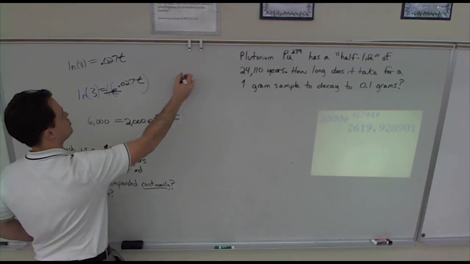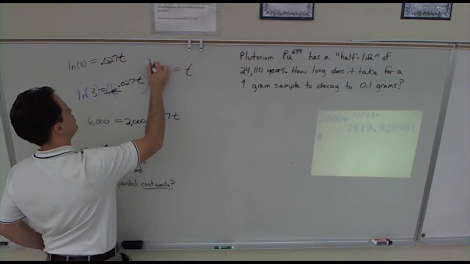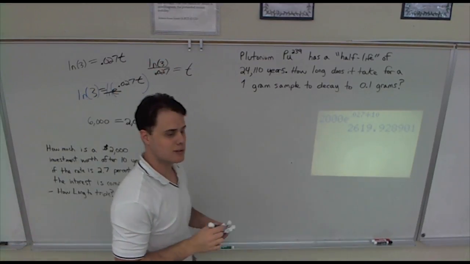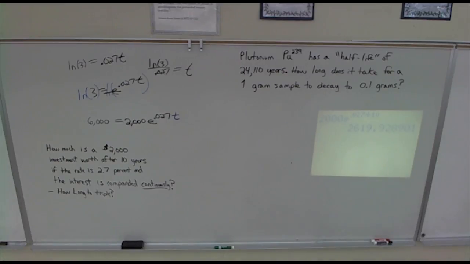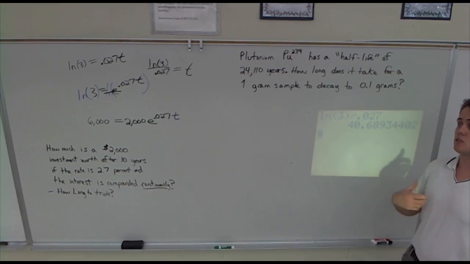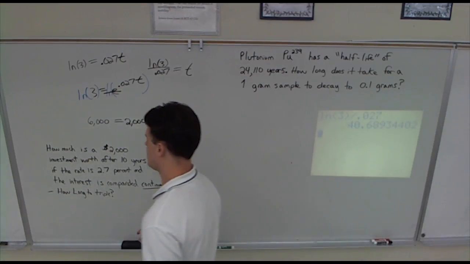So the last step is going to be t equals the natural log of 3 over 0.027. No graph required. So the natural log of 3 divided by 0.027. So it's going to take about 41 years for us to triple this investment with these statistics. Let's look at one last application before we close up today.